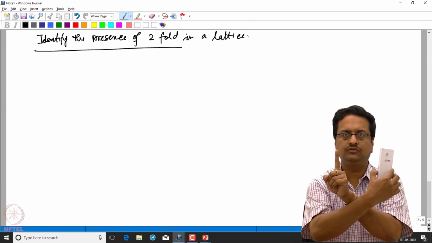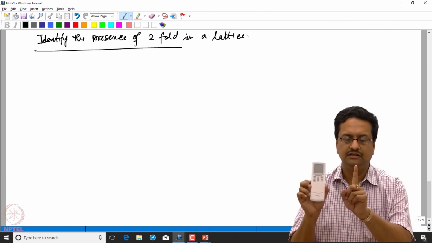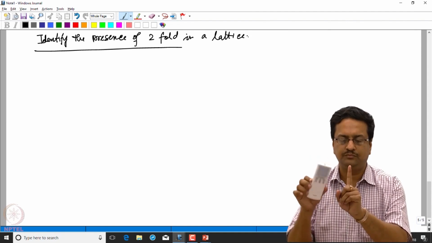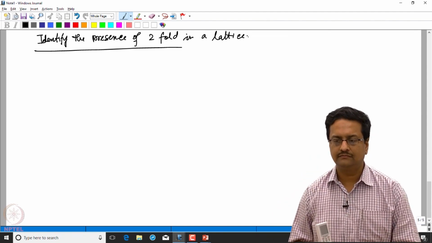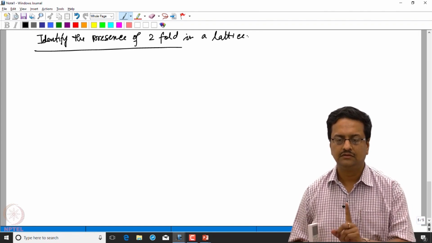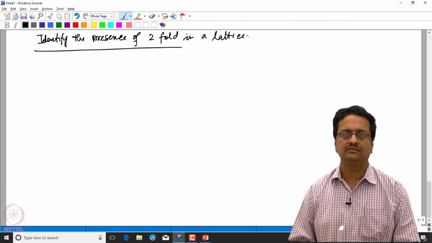If I project this object on the plane perpendicular to the twofold, the projection looks centrosymmetric.